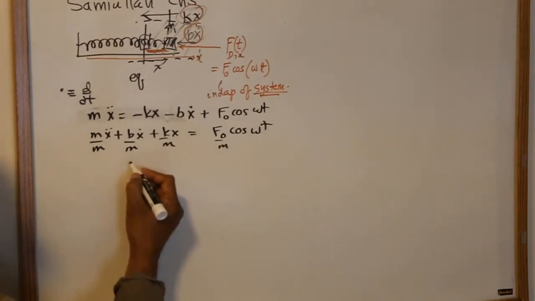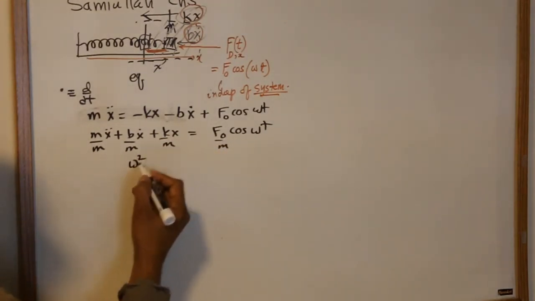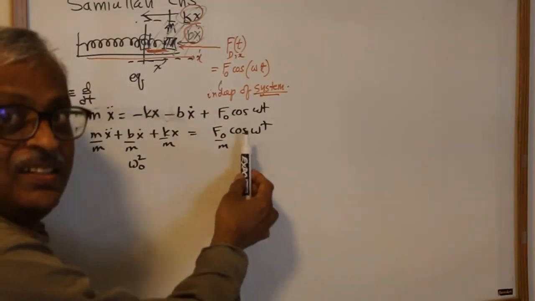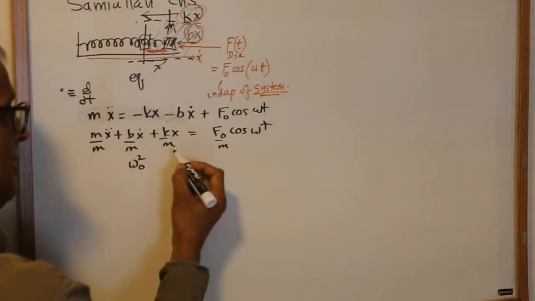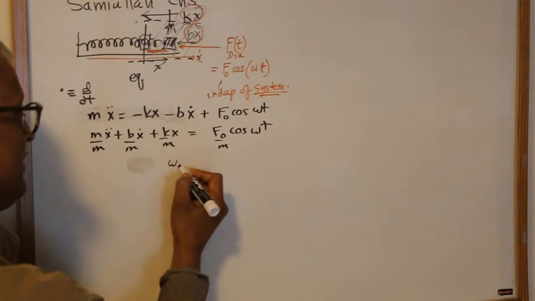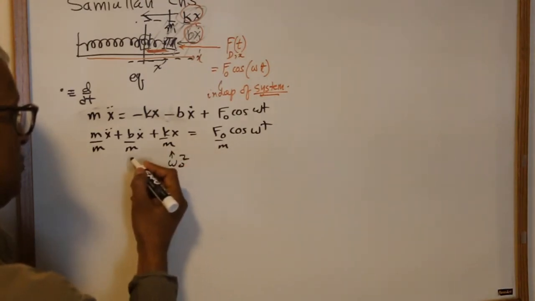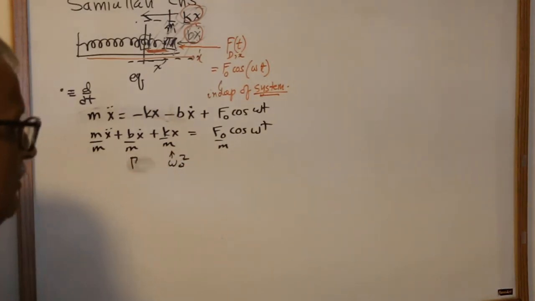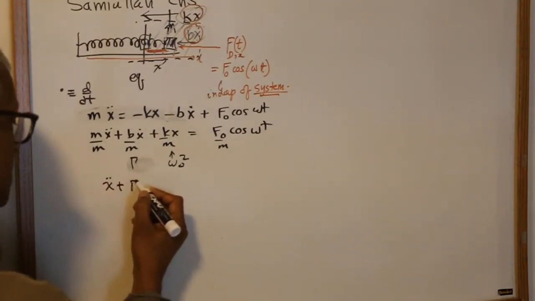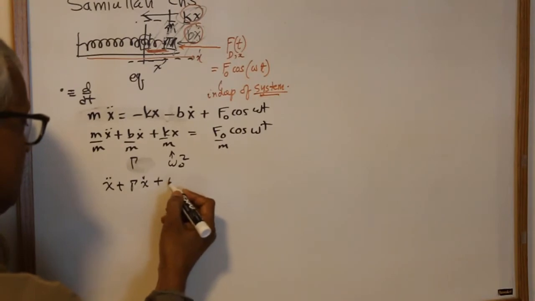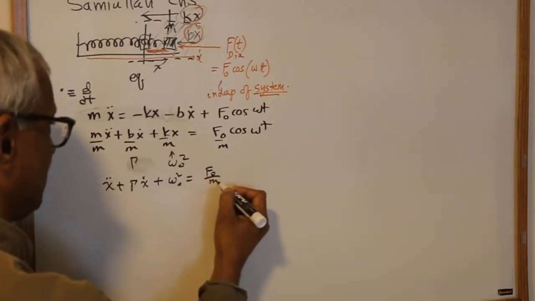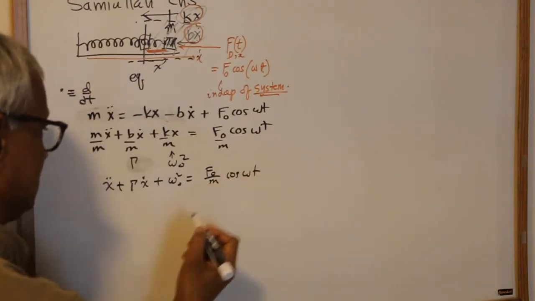We call k over m omega naught squared. We used to call it omega squared, but because we have another frequency here, we'll call this omega naught squared, and b over m we'll call gamma. So we have x double dot plus gamma x dot plus omega naught squared x equals f0 over m cosine omega t.